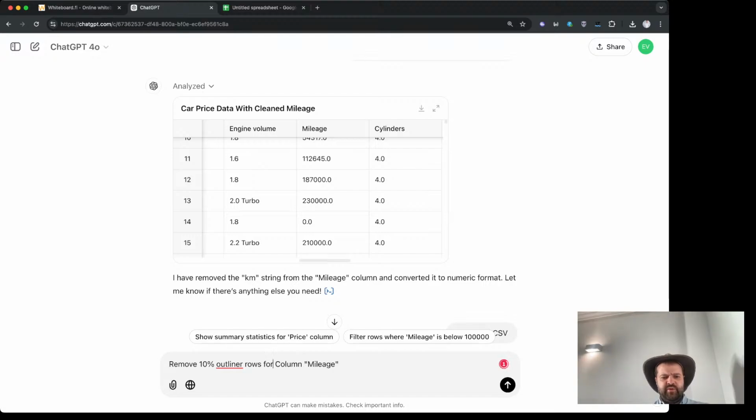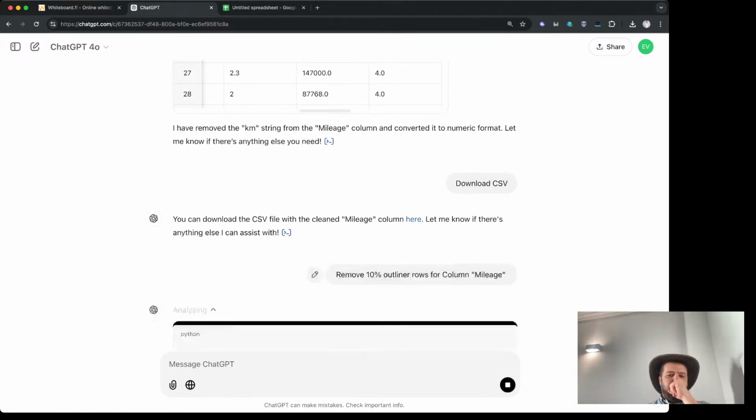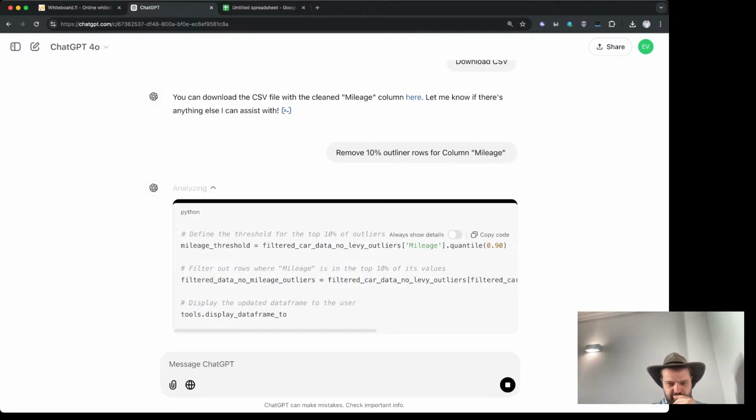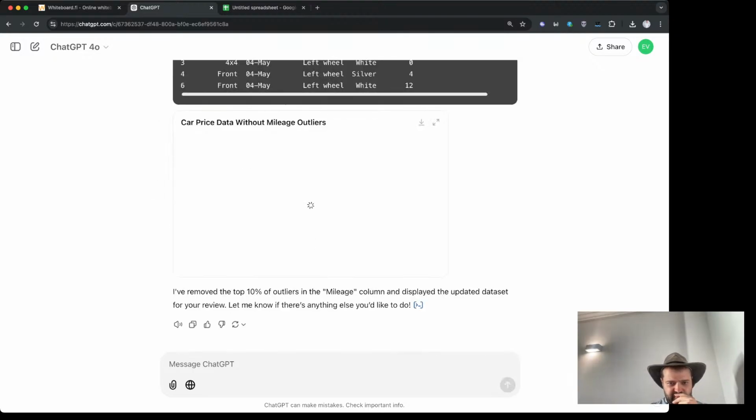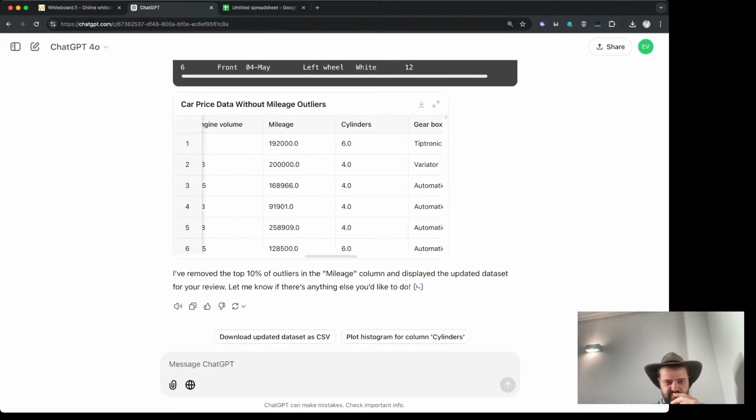Hopefully, maybe it's not a great prompt, but it still depends on what kind of code it will write. Quantile 90, so yes, it will work. Okay, now it will remove those zeros and all sorts of useless things. But what I want to show you is another serious thing here.